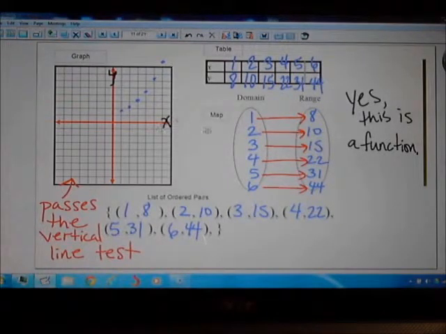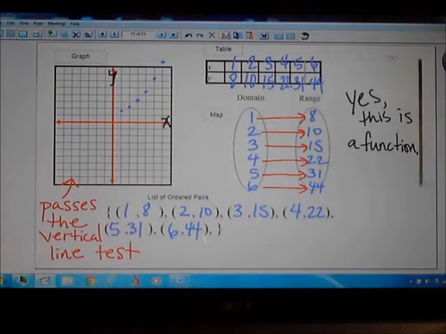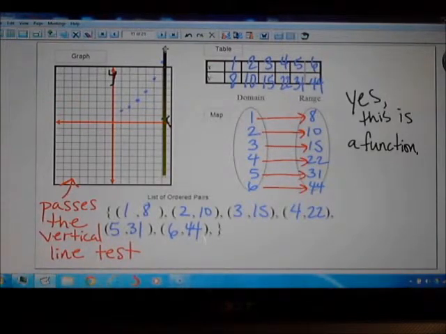We also can tell that this passes the vertical line test. Here's how that vertical line test works. If I take a vertical line and pass it through my relation, it should only cross through one point at a time on my relation. So there's 1 point that my vertical line passes through. There's 1 point, 1 point, 1 point, 1 point.